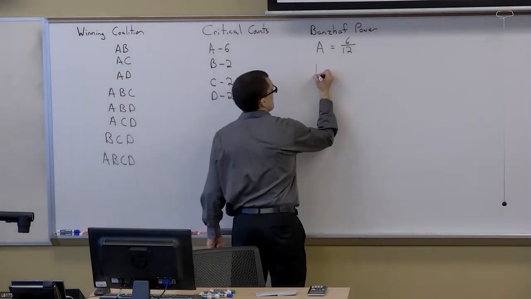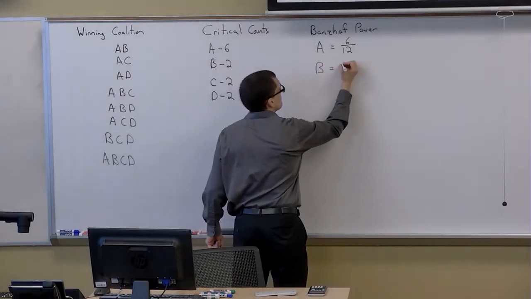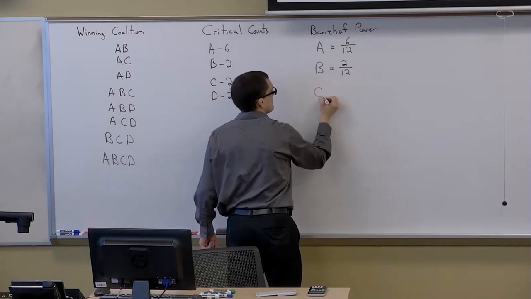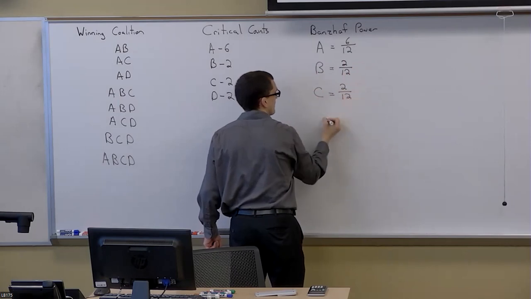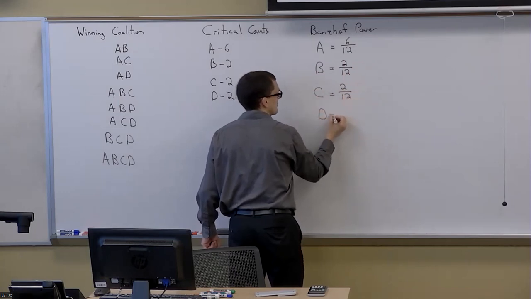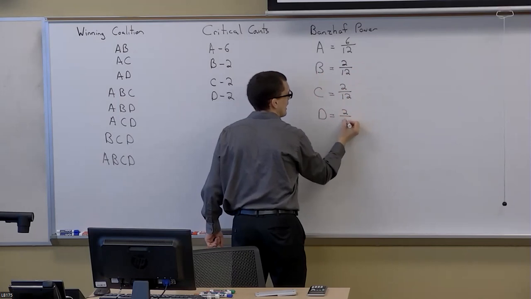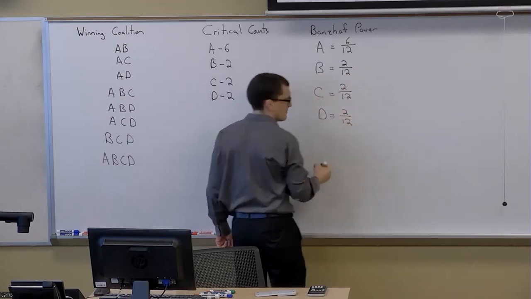B was critical 2 out of the 12 times. C was critical 2 out of the 12 times. And D was critical 2 out of the 12 times.